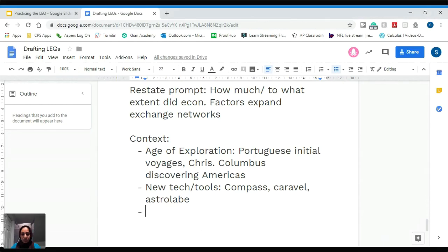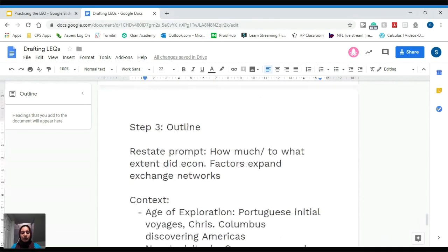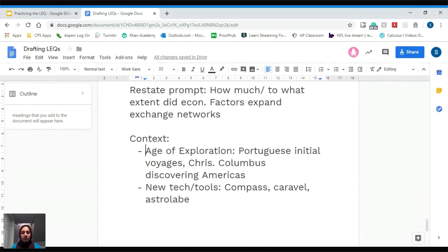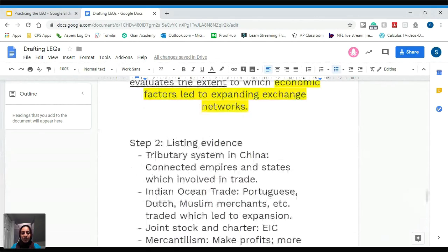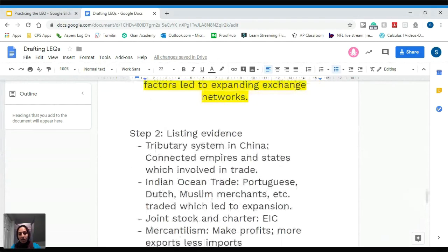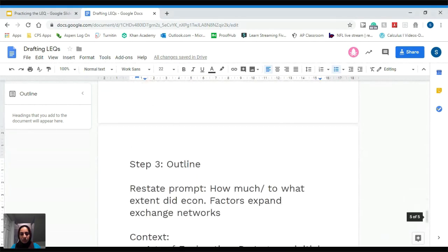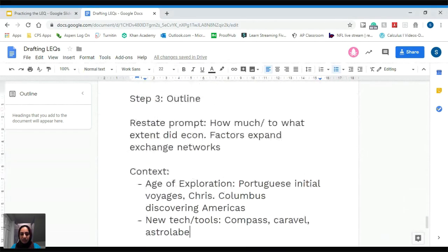Okay. So we'll just leave it at here for now. Again, you only need one piece of context. So as long as you're able to expand on this, I would probably choose this one because I feel like it's really important if you're gonna want to talk about the Americas. Yes, so those are two pieces of context.